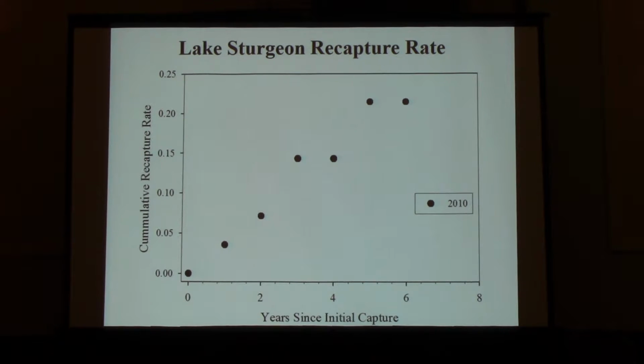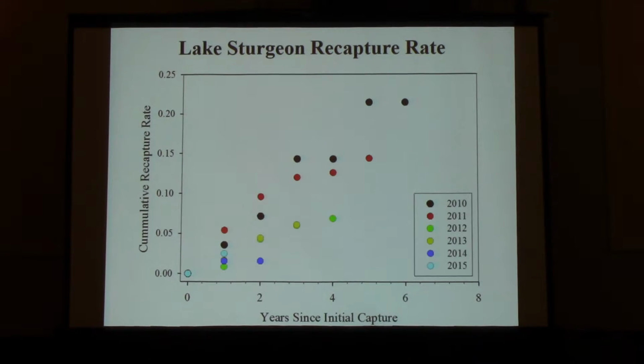So looking back at this recapture rate, I looked at our 2010 data, and so right here represents the dot for 2010. This is 2011, we had 3%, and it keeps going up. And so this is a pretty clear linear relationship here. When you add in the other years, it still holds.